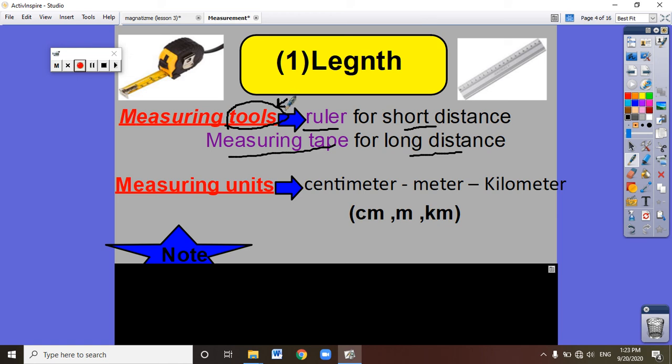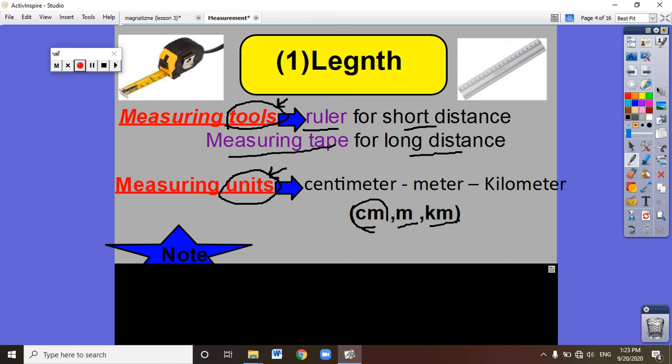What is the meaning of measuring units? The measuring units of length are centimeter, meter, kilometer. Units are symbols. For mass, we have kilogram and gram.